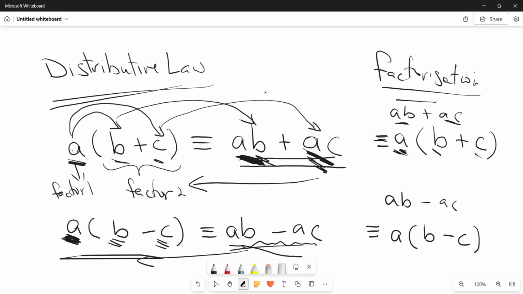Excuse me, sir. Have you ever had a case where it has the same letters, where you cannot factorize it, for instance like AB plus AB? All right, let me go to something we're talking about.